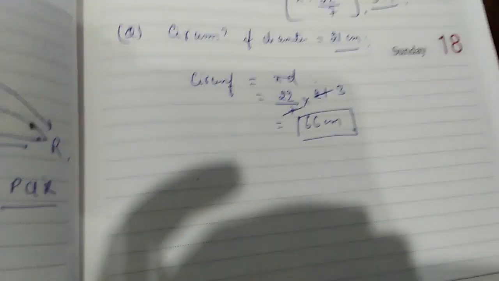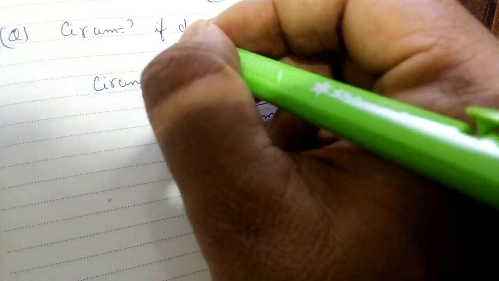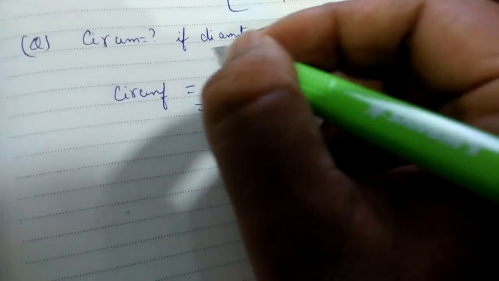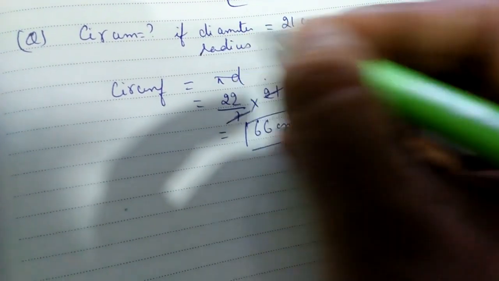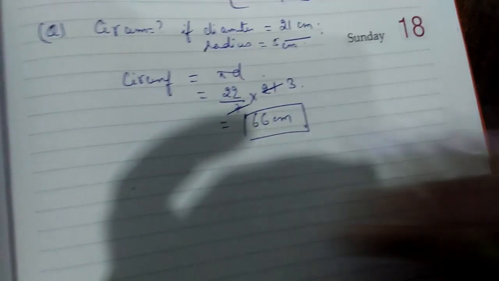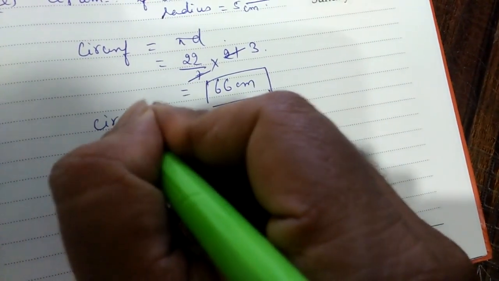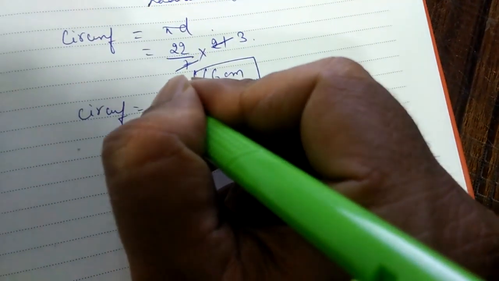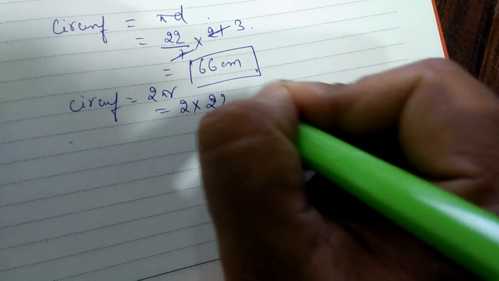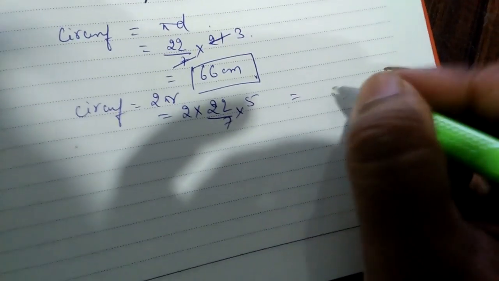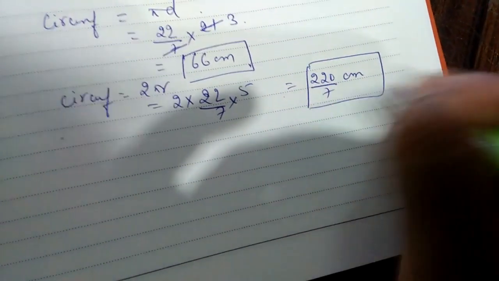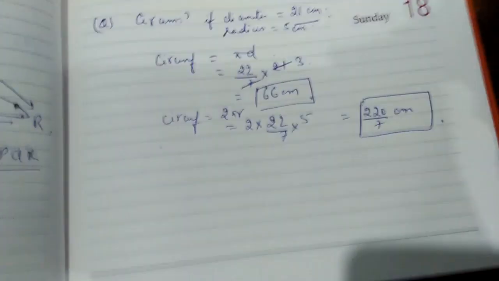Just in case, in place of diameter, had it been given radius, let's say, is equal to 5 centimeter, then circumference would be 2 pi r, which is 2 into 22 by 7 into 5, so 220 by 7 centimeters. You can convert it into the simplest mixed fraction. No problems there.